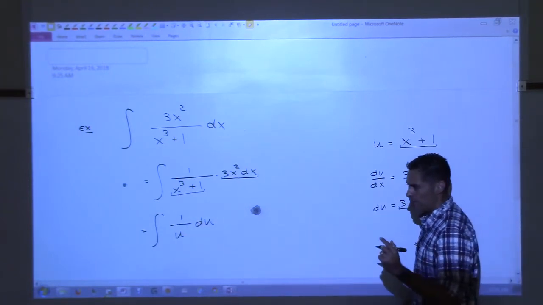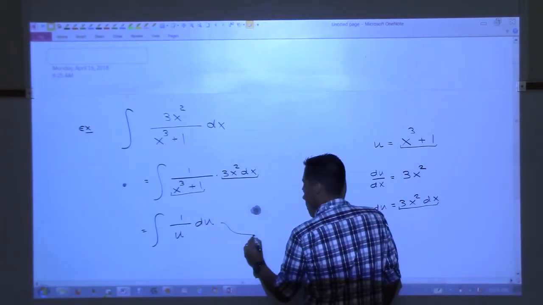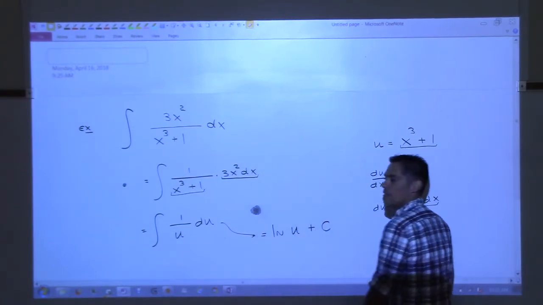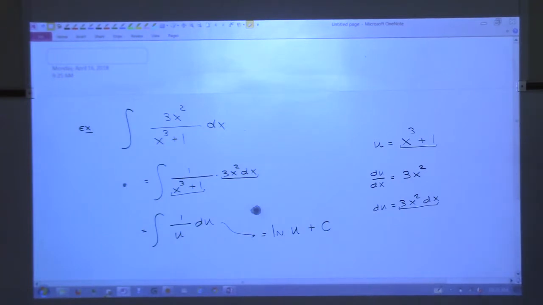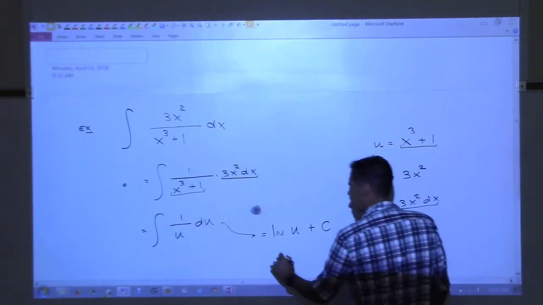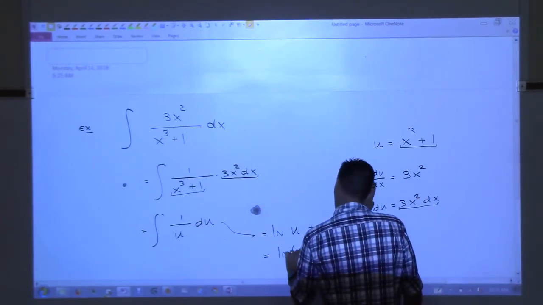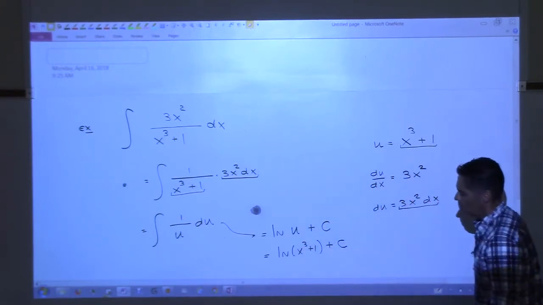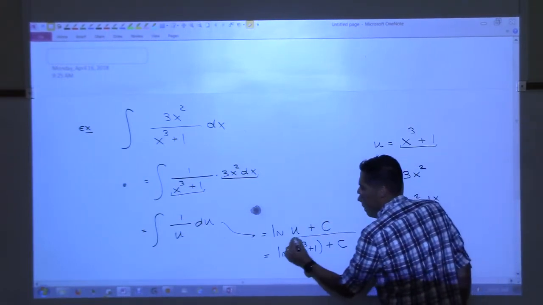That was that special case. So this is equal to natural log of u plus a constant. And now replace u. What was u? x cubed plus 1. So natural log of x cubed plus 1 plus c. That should be the answer.